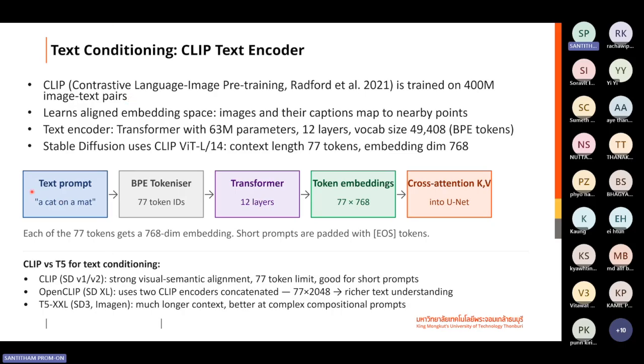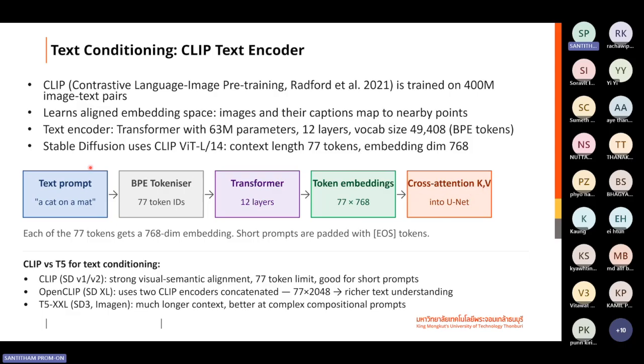So from the text, right, and after tokenization, then you have the token embedding. Think about it as the embedding of the text that you have, and then the embedding will be fed to the UNet through cross attention KV.